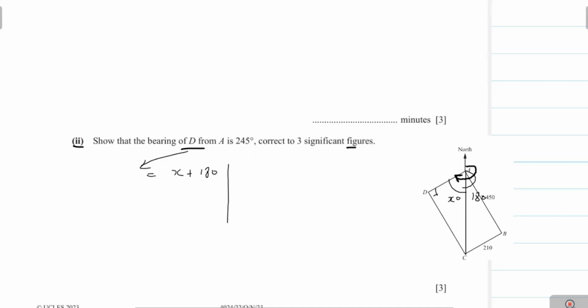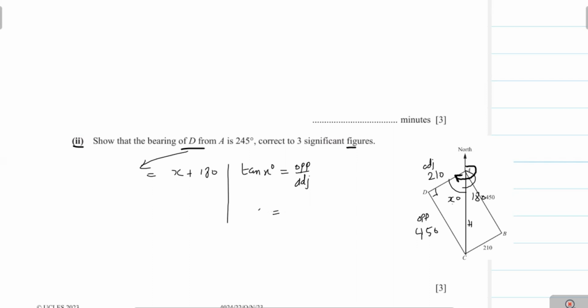You see here, this is the right angle triangle. This length is 450 meter and this length is 210. AC is the hypotenuse and this is the opposite side of the angle and this is adjacent side. We take the ratio opposite over adjacent equal to tan x degree.